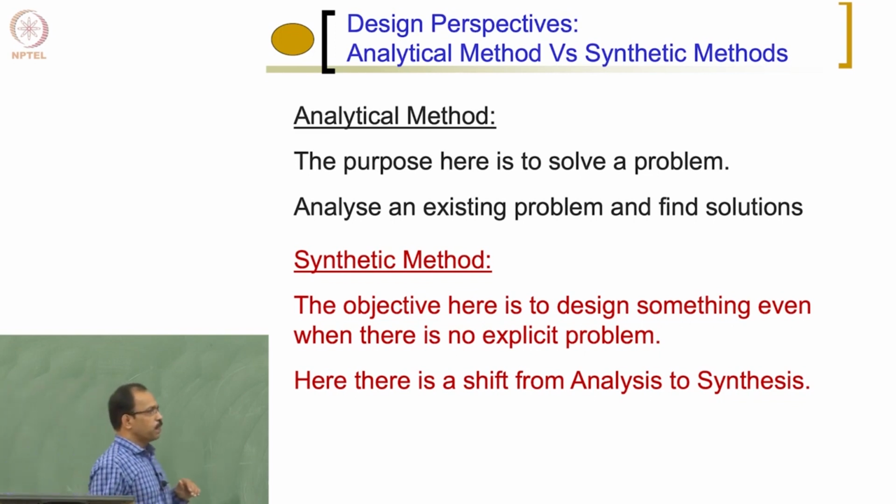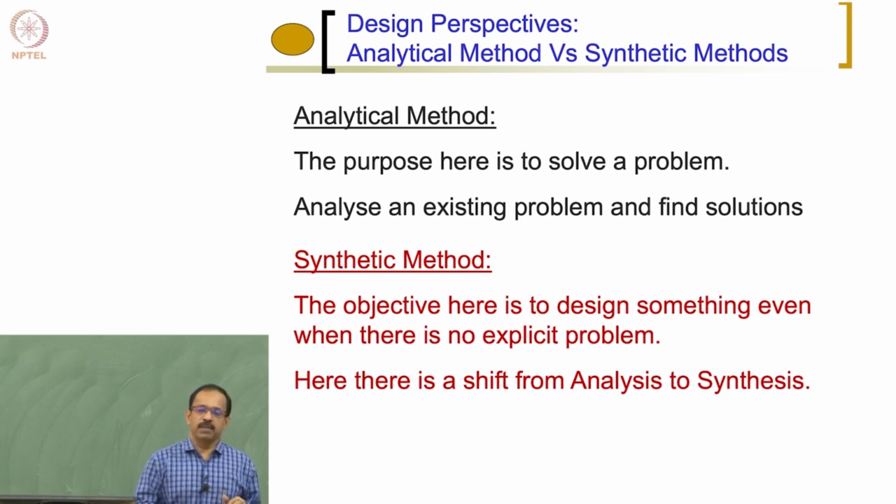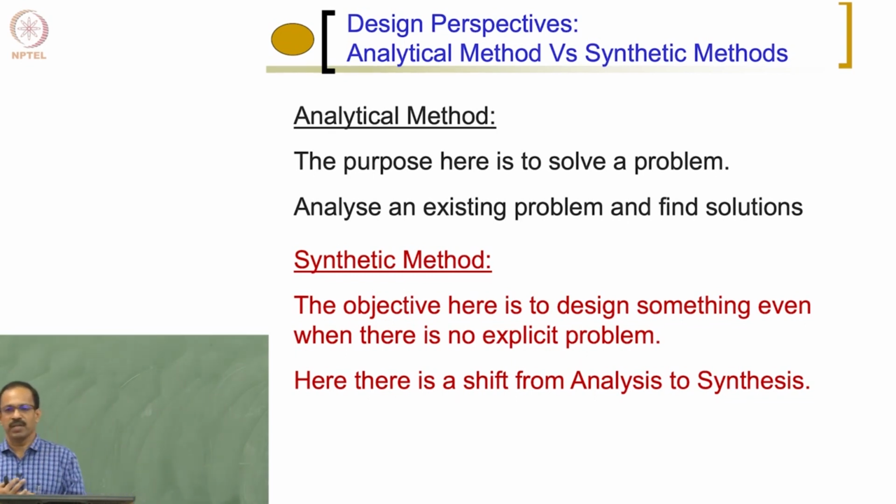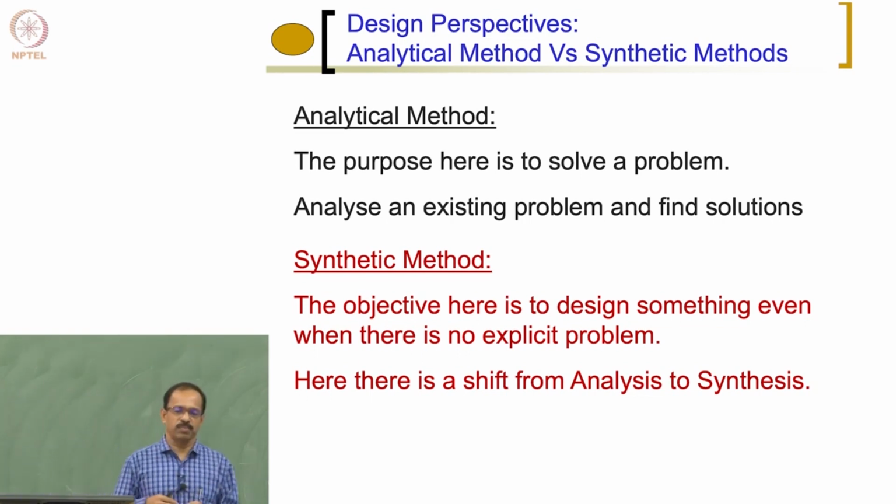The other one is the synthetic method. You do not have any problem as such. You are happy with what you have, but then you synthesize the existing product and see what can be added to it, what can be modified, so that you will get a better product. You are not finding any problem per se, but you feel that there is a way to improve it.